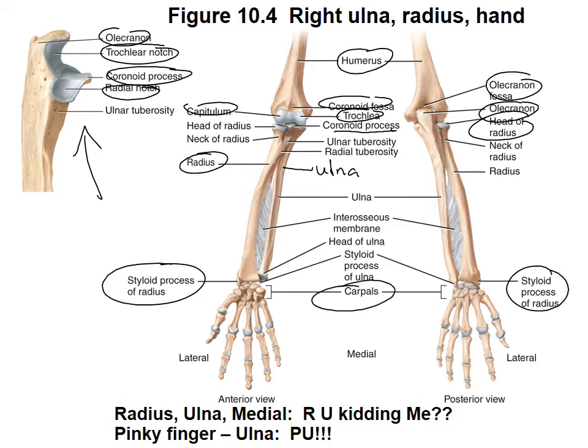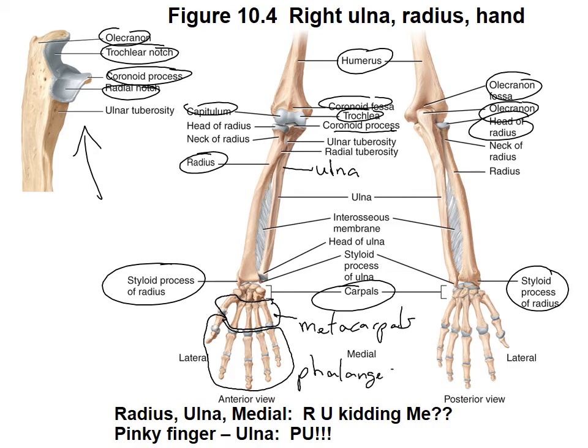These are the metacarpals, and these are all the phalanges. That shows you what all of the bones are in the wrists and hands.